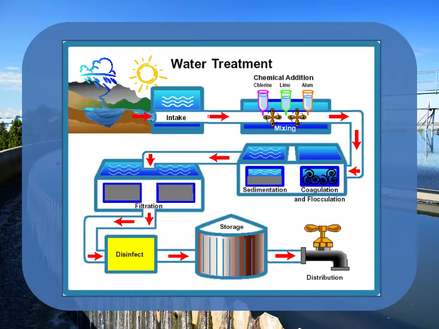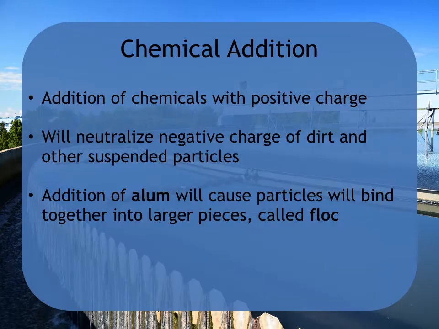Once the water is taken in, various chemicals will be added. These chemicals usually have a positive charge. This allows them to neutralize the negative charge of dirt and other particles by binding with these particles in suspension.